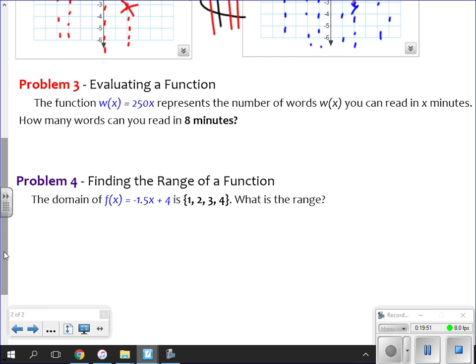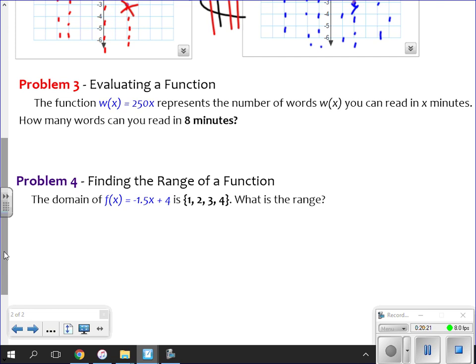The function W of X equals 250X represents the number of words W of X that you can read in X minutes. This is where function notation works well, and you did function notation when you were doing the skill test the other day. Function notation works really well if I want to evaluate something again and again and again.